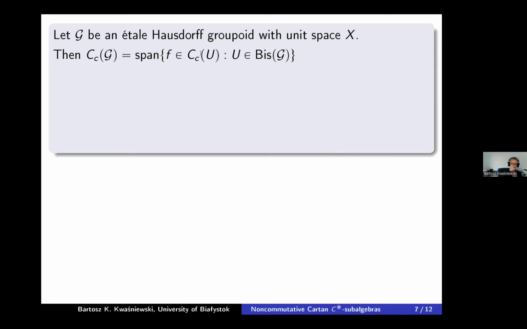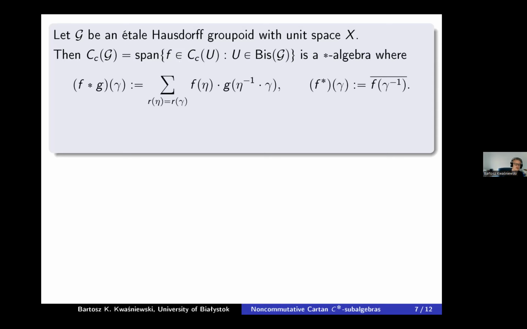So I identify the spaces with functions on G: whenever a function is on U, where U is a subset of G, I just put 0 elsewhere. So every such compactly supported function is just a finite sum of such functions living on bisections. And the standard formulas, meaning the convolution product and the involution, define the star algebra structure on this C_c(G).